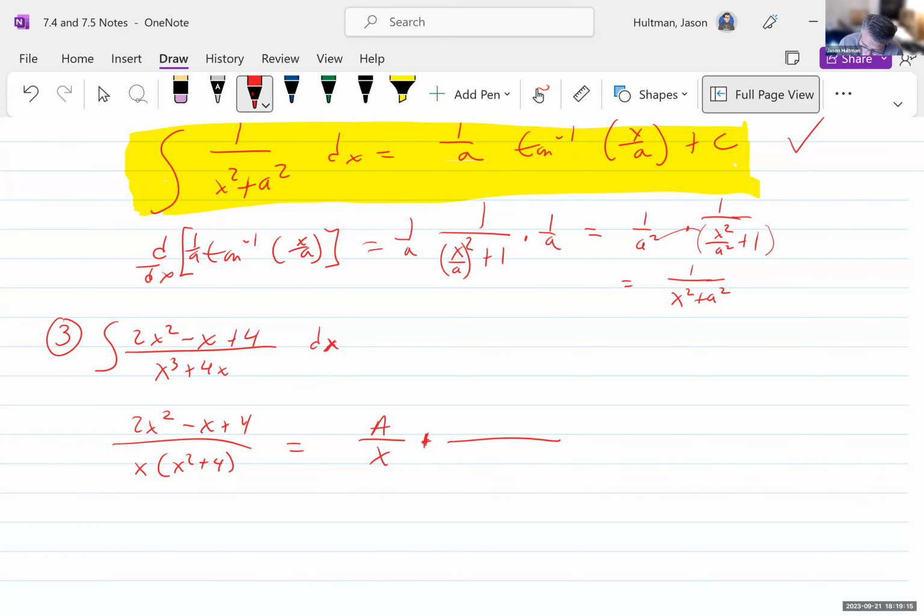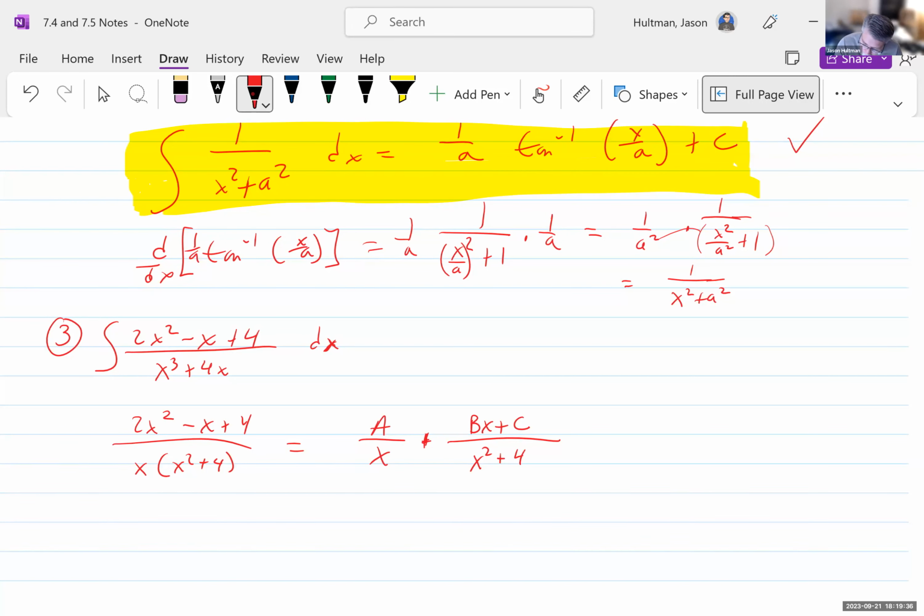A constant is 1 degree less than a linear, and a linear is 1 degree less than a quadratic. So over x squared plus 4, this could have been bx plus c. The linear component also has a constant.